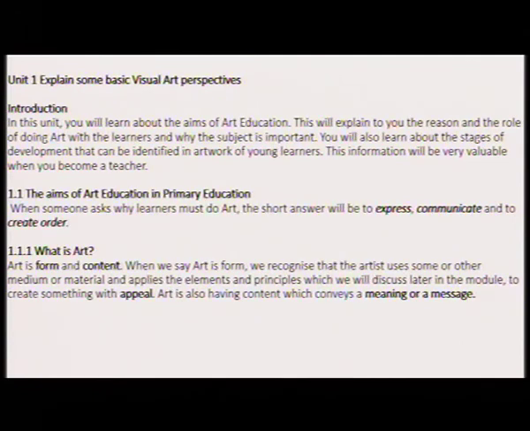And on those mediums or materials, they apply the elements and the principles of art. As we go on with our lessons, we will touch in more detail on the elements and the principles of art, and explain what we really mean by them, so that we learn to understand what makes up an artwork. And so that is what artists do.